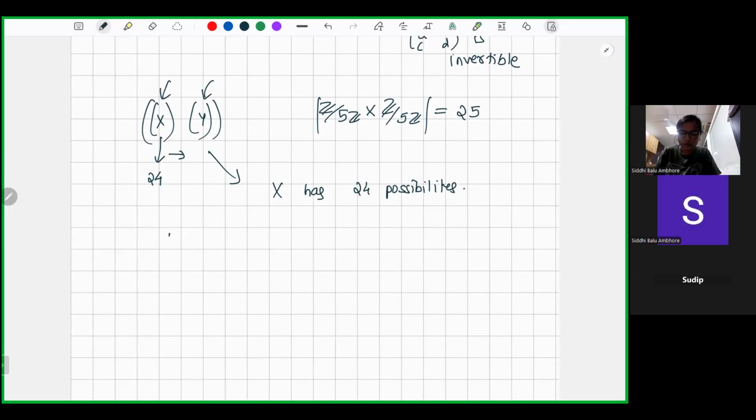The linear span of this X will contain definitely 0 bar. When I say linear span, we are taking some element from Z5 and multiplying it by this element X bar.